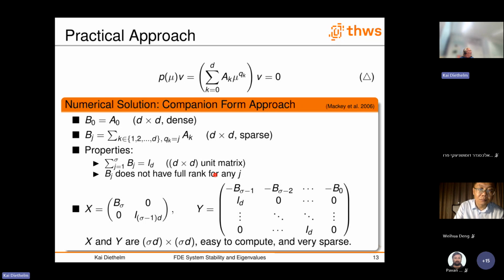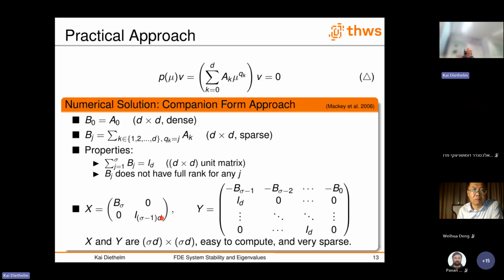And then you construct those matrices X and Y. Those are block matrices. So the matrix X has B sigma in the top left corner, and it has the sigma minus 1 times d-dimensional identity matrix in the bottom right. And everywhere else it has zeros.